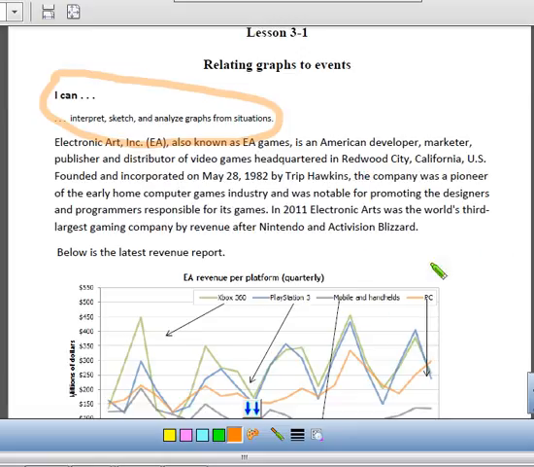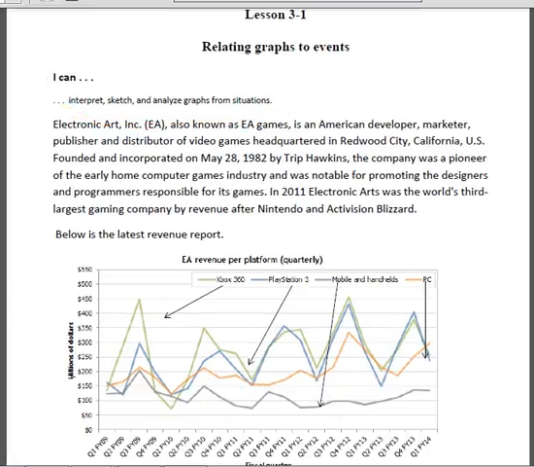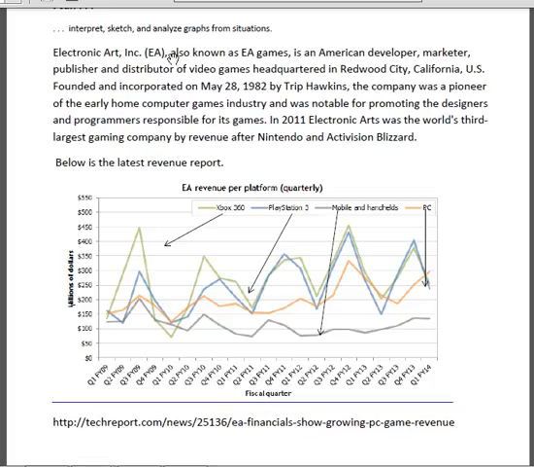Alright, so then we have this first example here. Electronic Arts Incorporated, EA, also known as EA Games or EA Sports, is an American developer, marketer, publisher, and distributor of video games headquartered in Redwood City, California. Founded and incorporated on May 28, 1982.